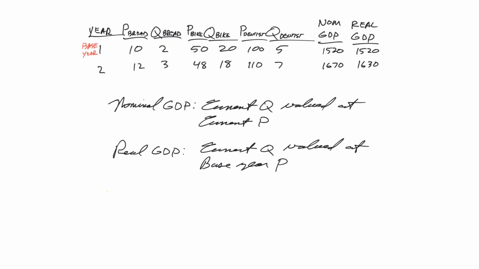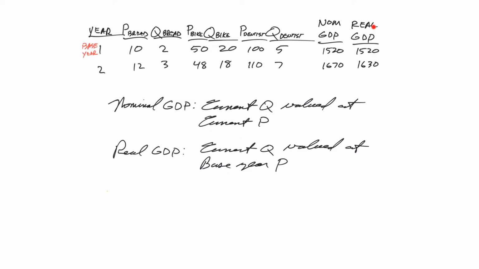We think that's good when GDP rises, but with nominal GDP, we have no idea why it went up. It can go up because prices went up. It can go up because quantity went up. Well, if it's because quantity went up, that's good. We like that. More production. If it went up merely because prices went up, well, that's just inflation. We don't like that.